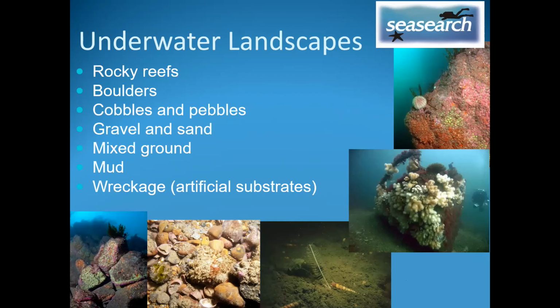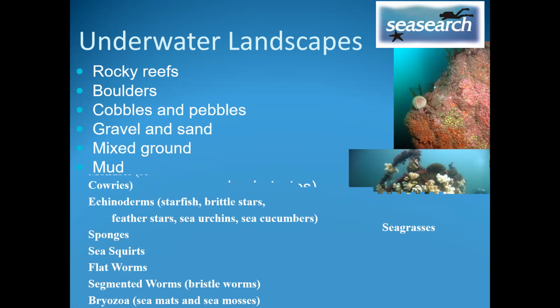And then the last one would be artificial substrates, or any wreckage or anything like that. So if you're taking a photograph of a species, you need to be thinking about what habitat I am taking a photograph of the species in, because that will be a huge clue into what your species is likely to be. Particular creatures live in certain areas.